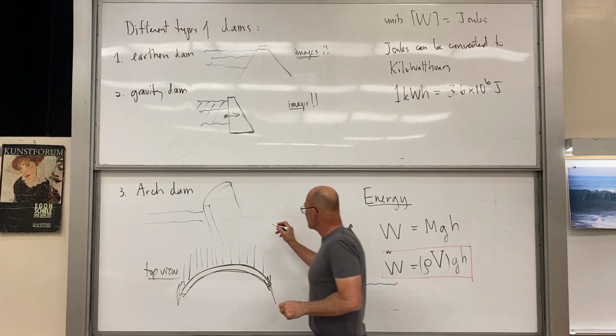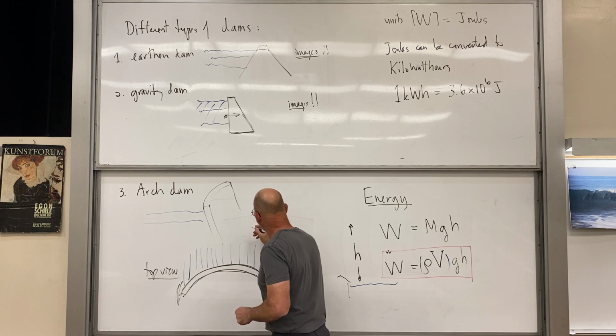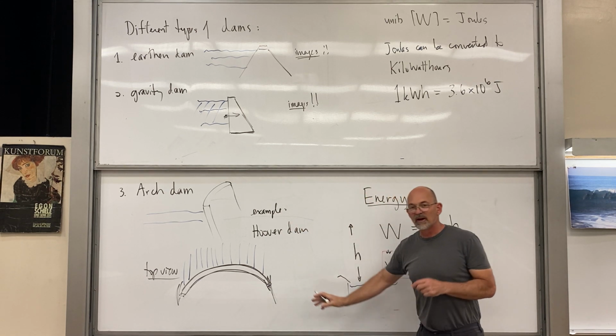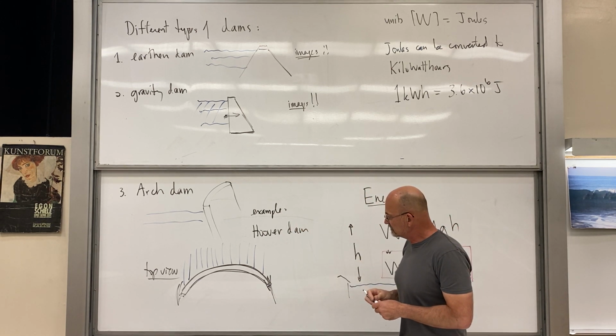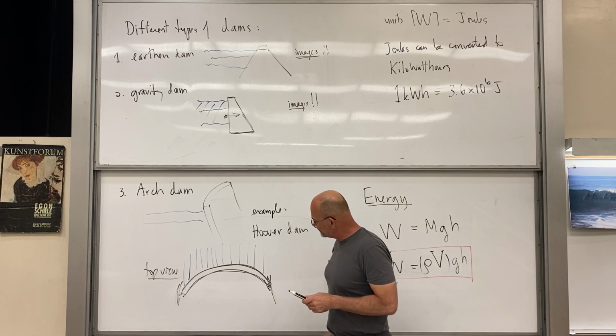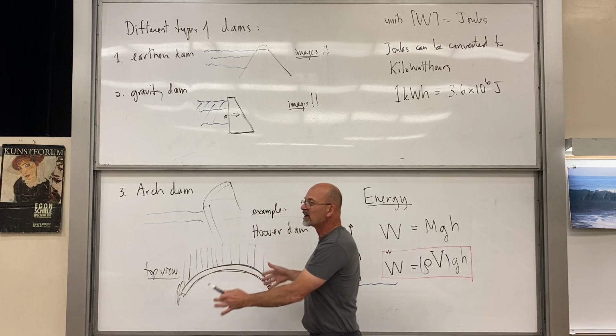So example, very good example, Hoover Dam. That's just to get you started. As you look around, you'll find all manner of good examples of these. So that's the aerial view. And it's this beautifully curved shell often.